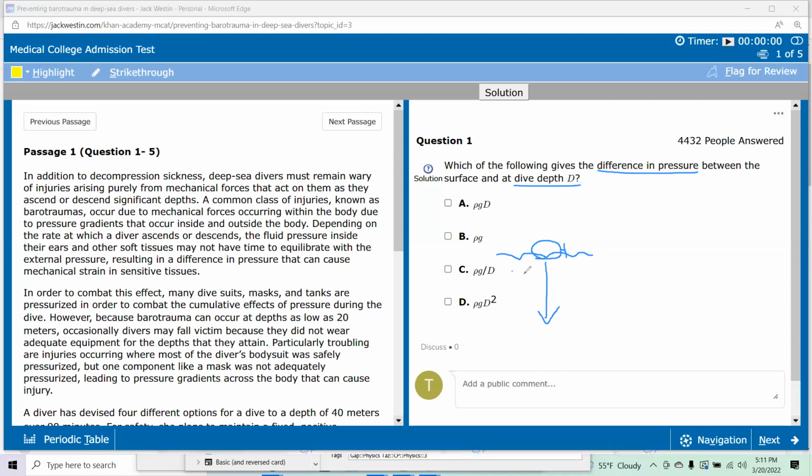Density, right? Yeah, density of water. So let me draw a couple of water flecks. When something is in water, the pressure of all these little water molecules acts on it, right? So when we think about pressure, we're thinking about, will it increase or decrease when we go down in the water?